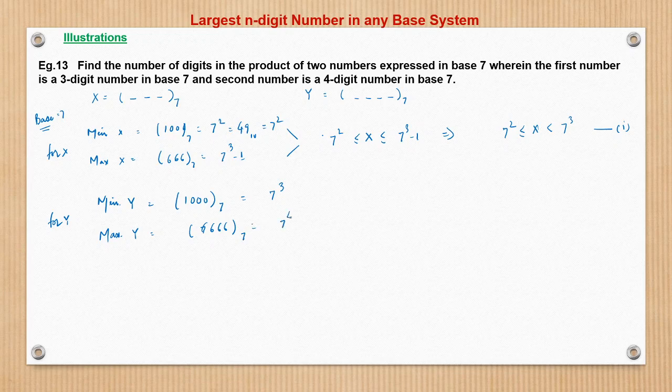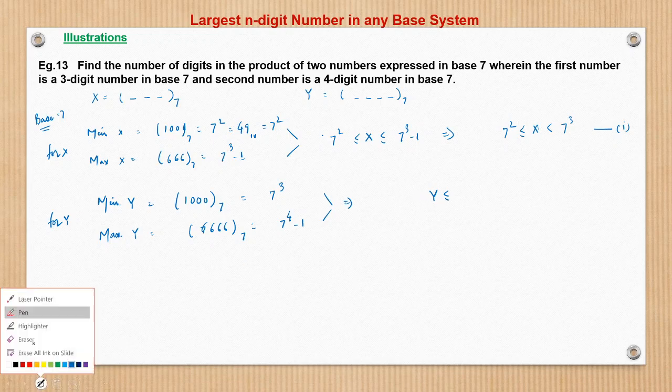So this becomes 7 raised to power 4 minus 1. Right. So from these two, I can write similarly that y is between 7 cube and 7 to the 4. Same way we can write, right?